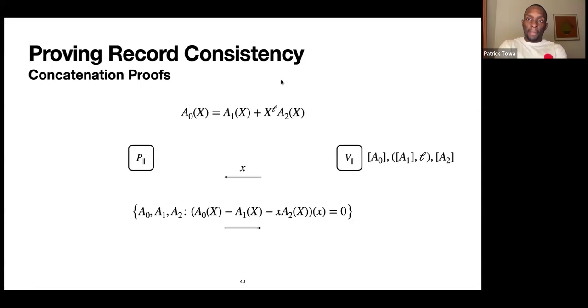And also, by the way, remember that the verifier is only doing the check, which the circuit is going to run. The verifier is only given the commitments. So there is no way of checking that A0 is really the concatenation of the two and doing a static shift if you don't have them in clear text.